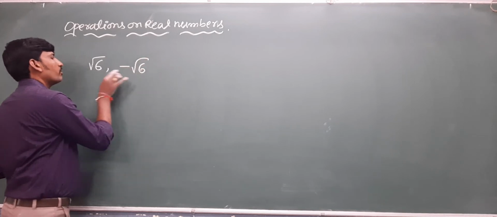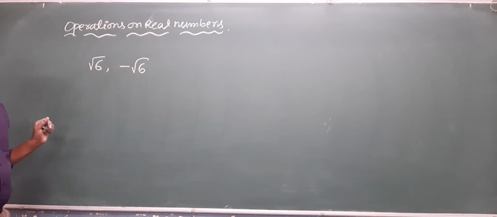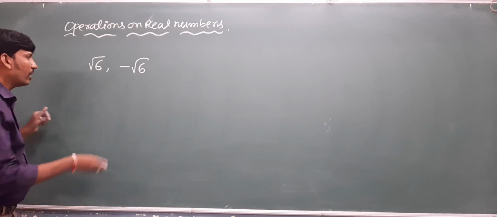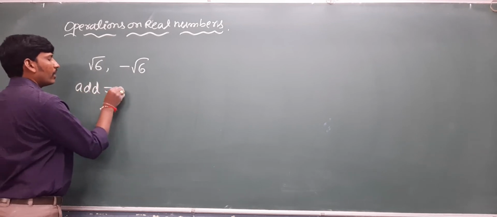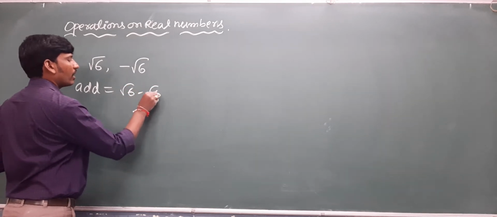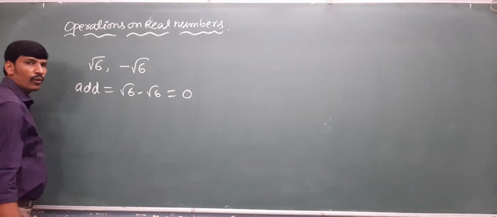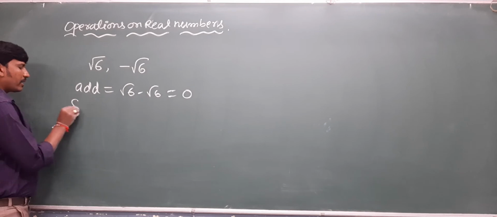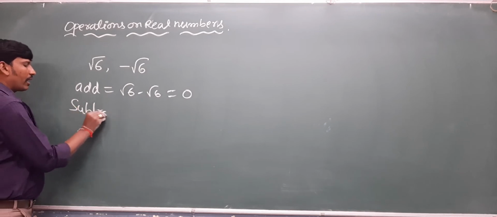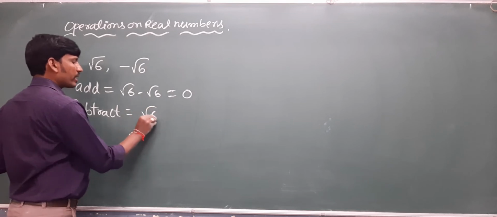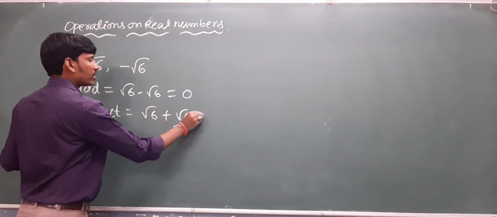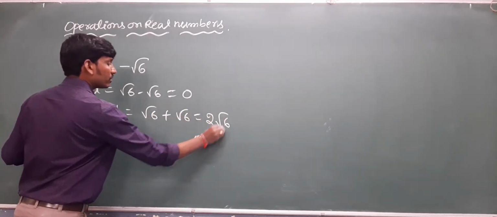See here, both are irrational numbers. By adding these two, what are you going to get? By adding root 6 and minus root 6, it will become 0. When you subtract, what will you get? Subtracting minus root 6 from root 6, you will get root 6 plus root 6, that is 2 into root 6.